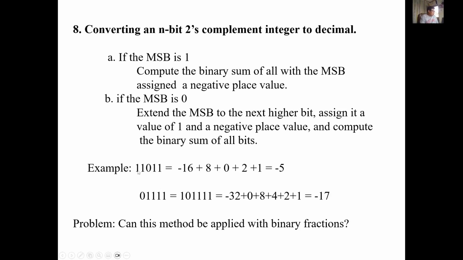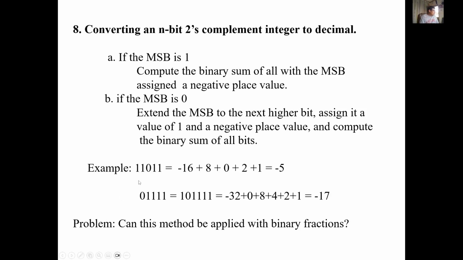In this case, we have a value of 11011. The place value of the first is 1, the second is 2, the next is 4. Then a 0, the next place value is 8, and the next place value is 16, but we assign it a negative value, because it has to be given that this number is in 2's complement form.